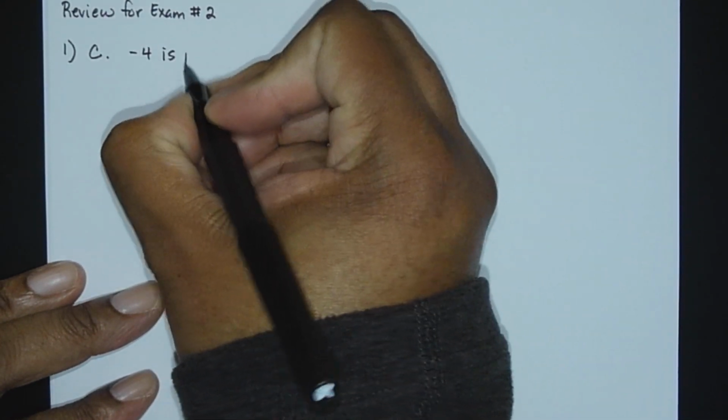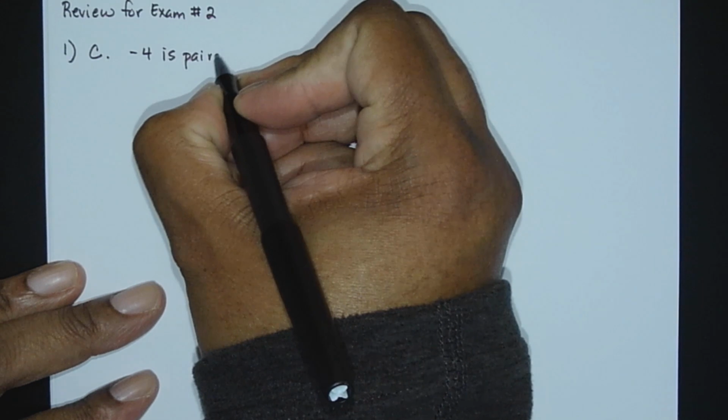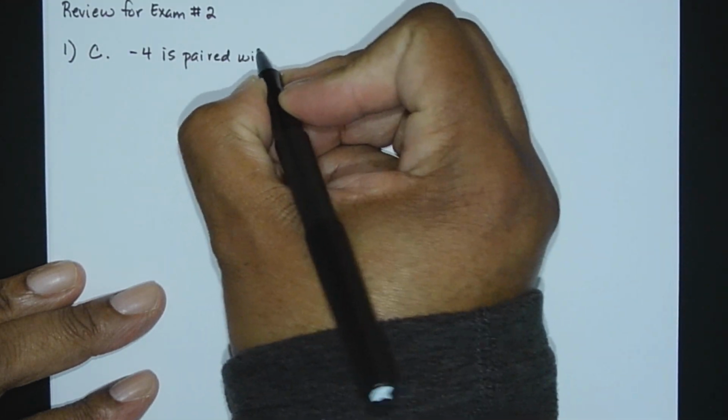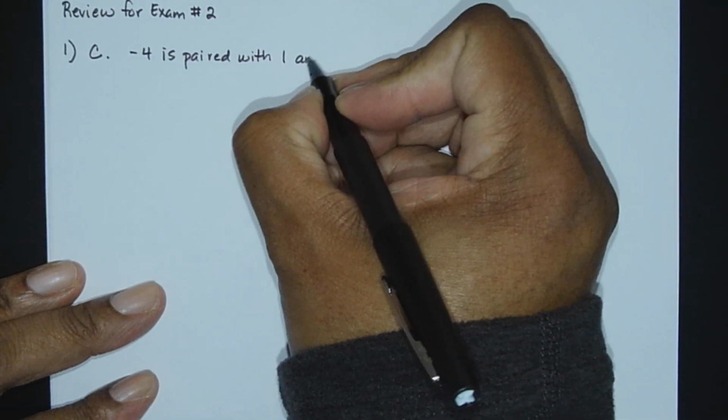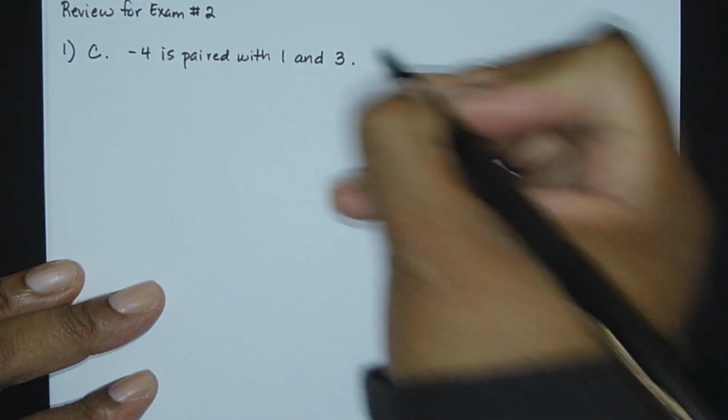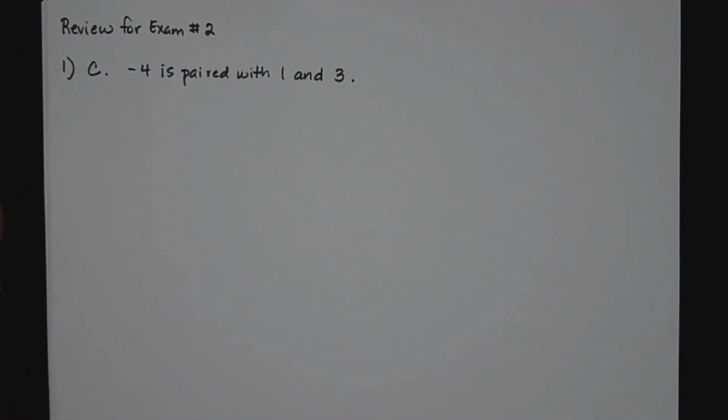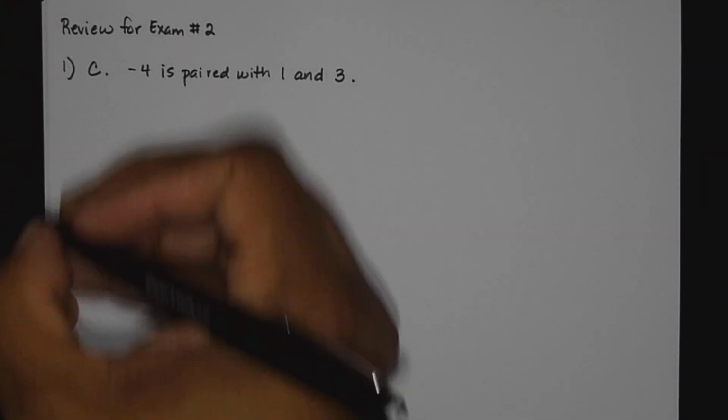So you can say something like this, like -4 is paired with 1 and 3. That would be a reason for saying that mapping C is not a function. Are there any questions about number one?